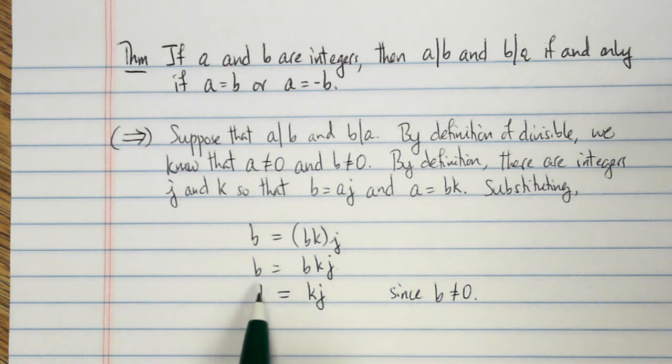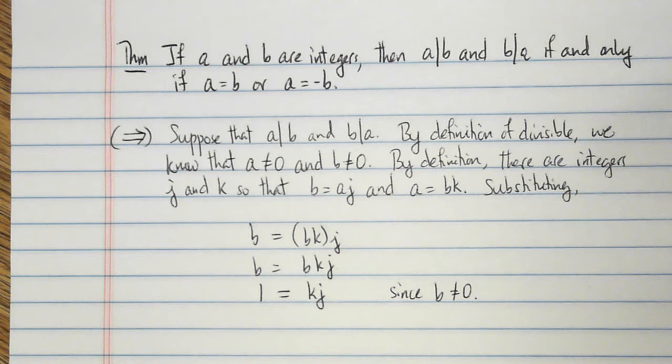So the product of two integers is equal to 1. Well, the only way that happens is if they're both equal to 1 or if they're both equal to negative 1. That's the only way for the product of two integers to be equal to 1.